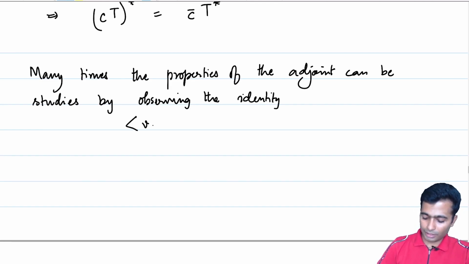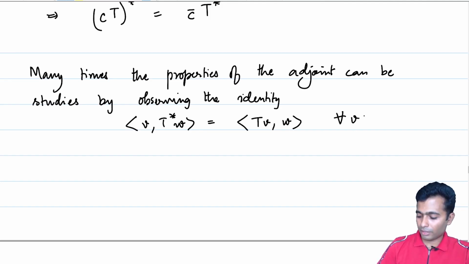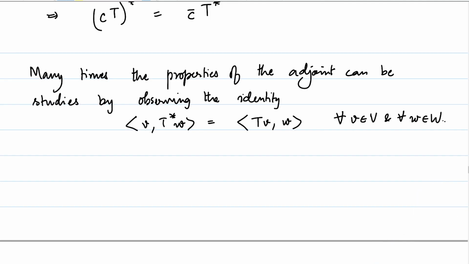This identity, the inner product of V and T star W, is equal to the inner product of TV, W, for all V in capital V and for all W in capital W. So this identity many times helps us prove many properties.